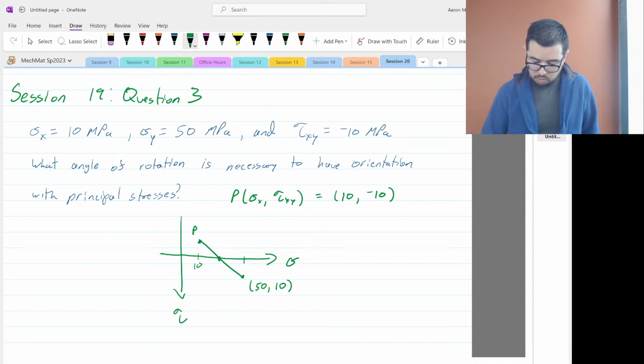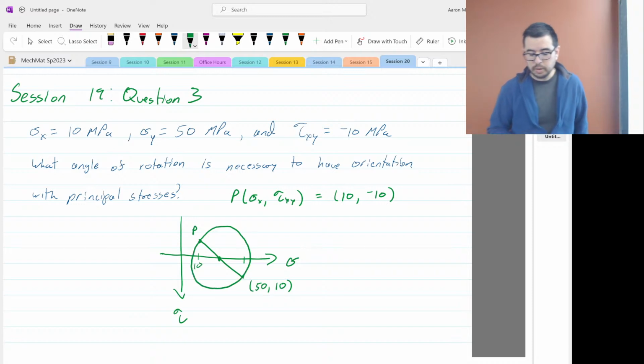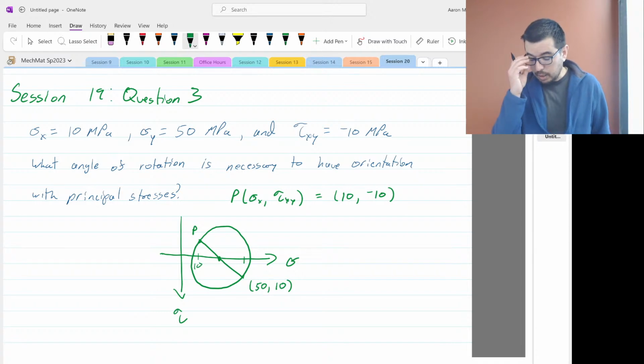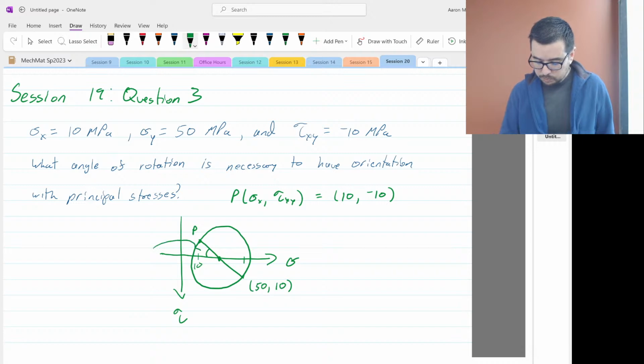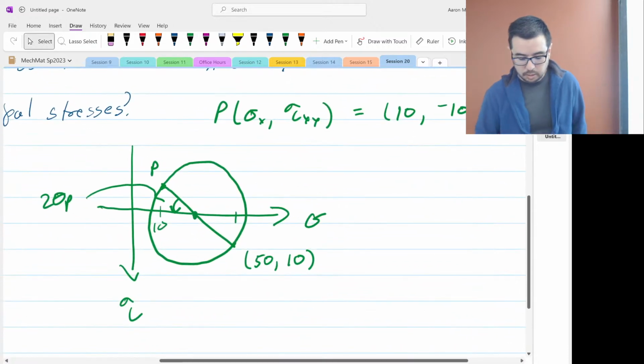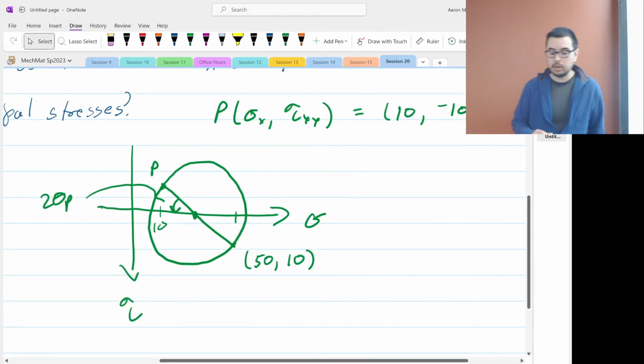So we draw our Mohr circle through those two points, like that. And the question is, how much do we have to rotate? Typically we're interested in counterclockwise rotation.